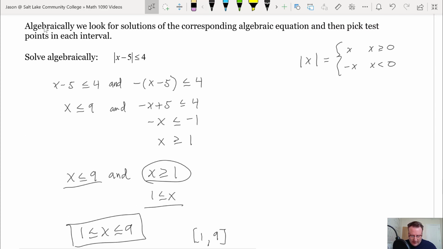Whenever you have an absolute value inequality like this, and you have the absolute value on the left and some positive number on the right, what we can do is just take a shortcut and rewrite this as x minus 5 less than or equal to 4, and make it on this side greater than or equal to negative 4.